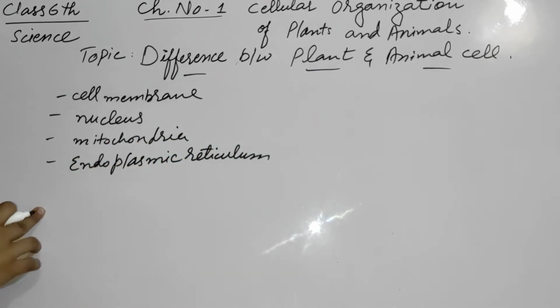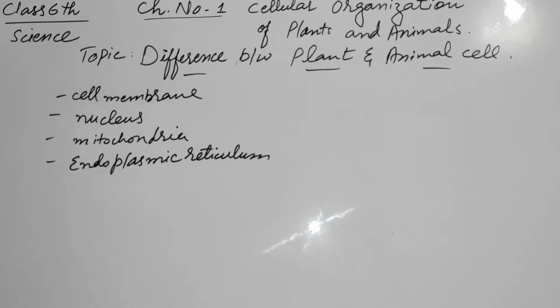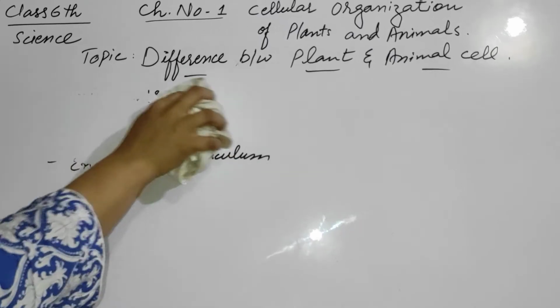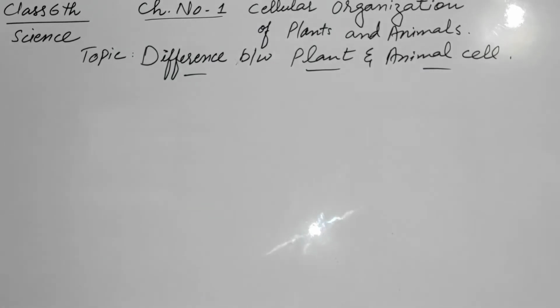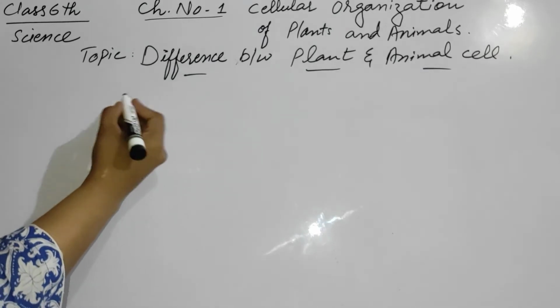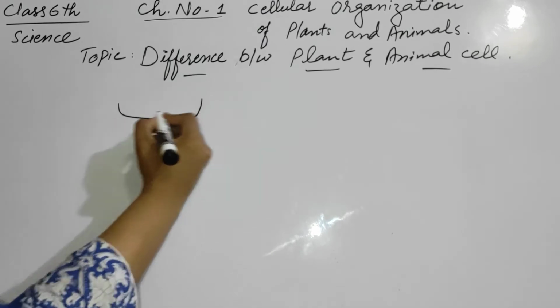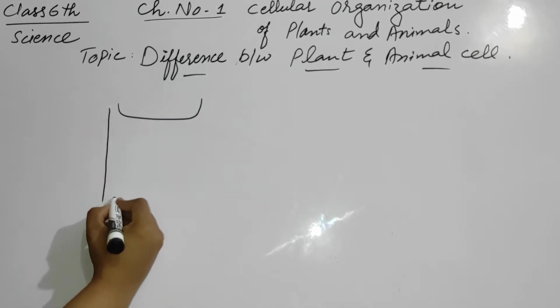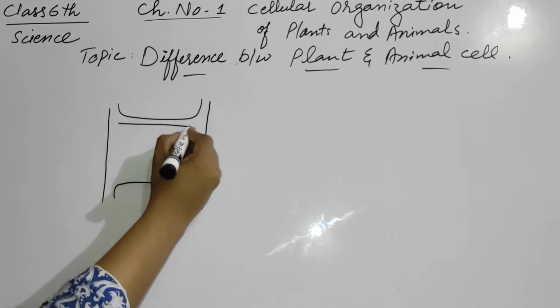But some differences also occur in both cells. For example, if we draw the diagram of the plant and animal cell, we can describe this more clearly. Firstly I draw the diagram of a plant cell. You also draw it like this.